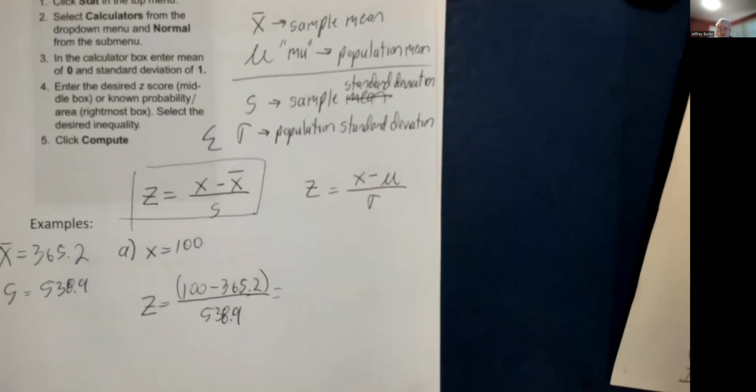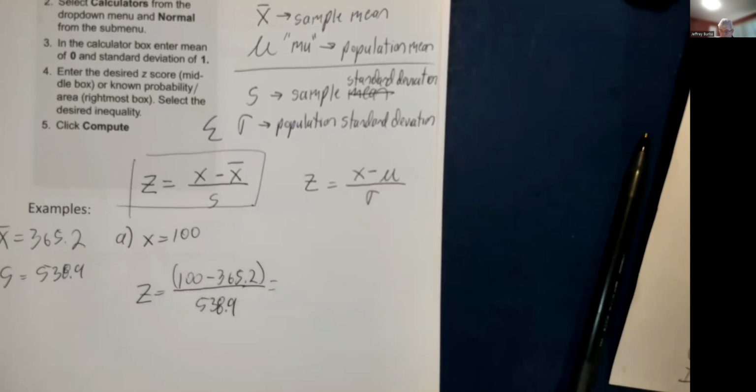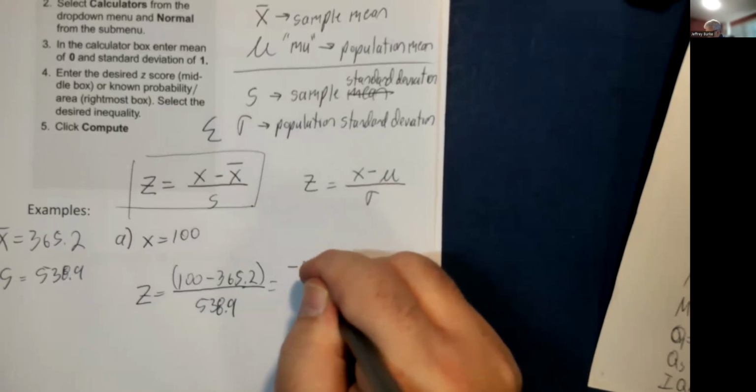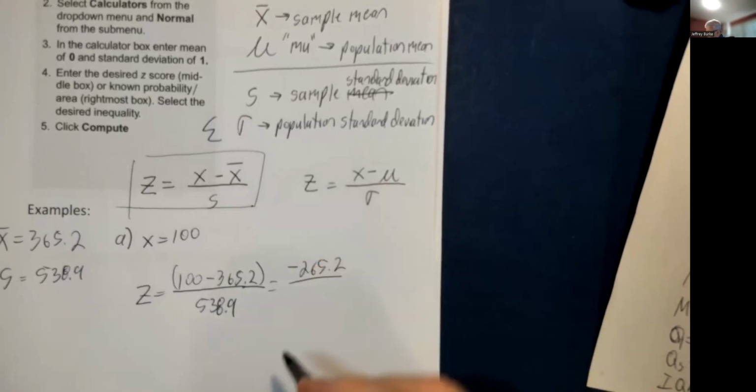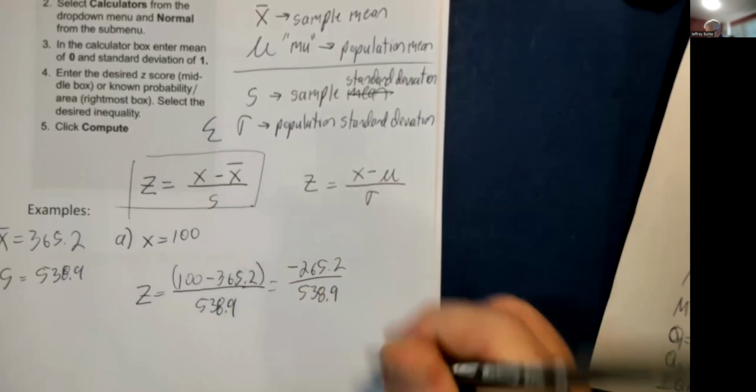So if you're doing this on a very generic calculator, please do make sure to parenthesize this before dividing by 538.9. So I would just take 100 minus 365.2. That's going to give me a value of negative 265.2. And then you can divide this by 538.9.